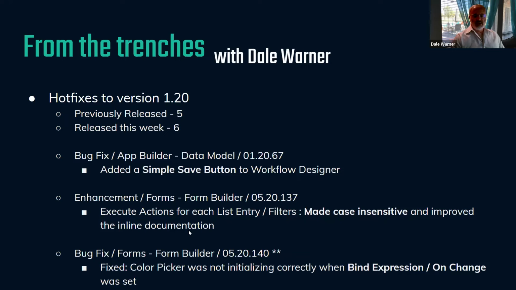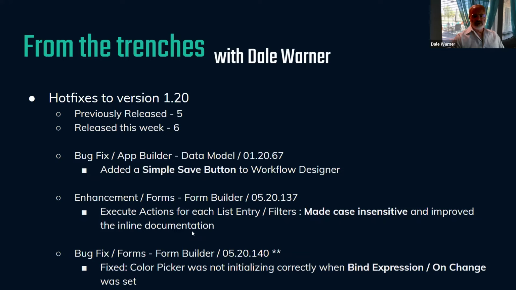We have also made a change so that lists are now case insensitive, much like the rest of our product. That will help avoid confusion when you're working with a list if you happen to type the name in a slightly different case.